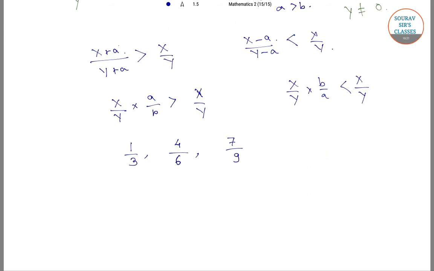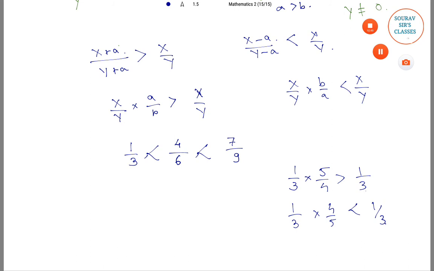So if we have the fractions like 1 by 3, 4 by 6 and 7 by 9, then 1 by 3 is less than 4 by 6 is less than 7 by 9. Similarly, we will have 1 by 3 into 5 by 4 is greater than 1 by 3, and 1 by 3 into 4 by 5 is less than 1 by 3.